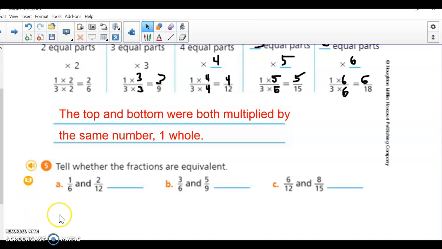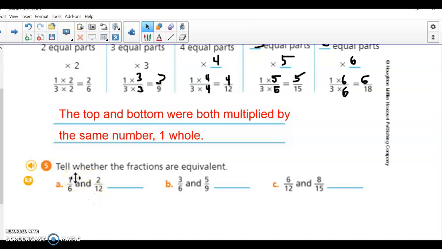All right, now we want to be able to tell how these fractions are equivalent or not. Okay, so I'm looking at 1/6 and 2/12. Well, could I multiply the top and the bottom by the same number to get to 2/12? Well, let's try it with 2. 1 times 2 is 2. 6 times 2 is 12.